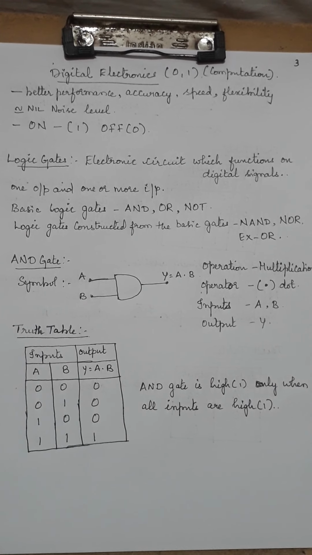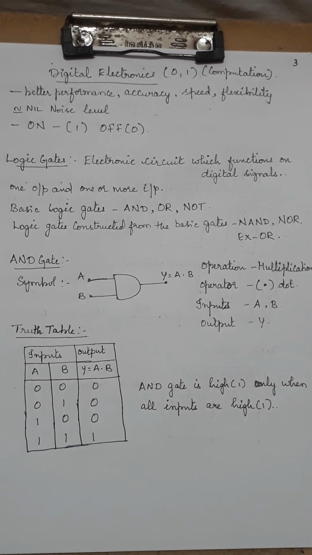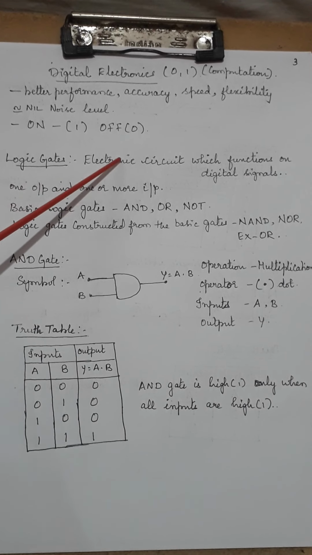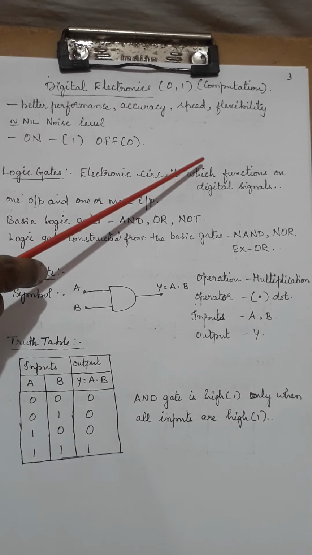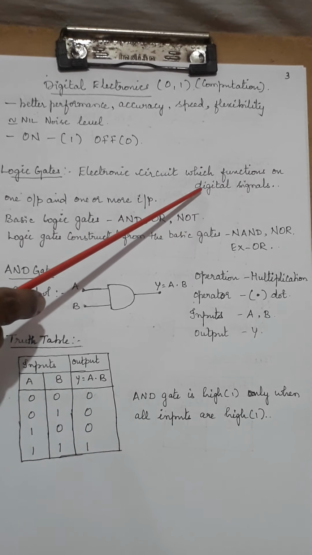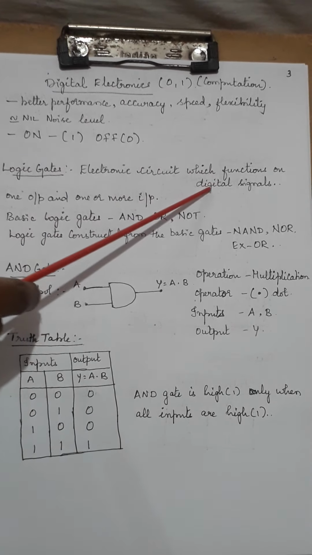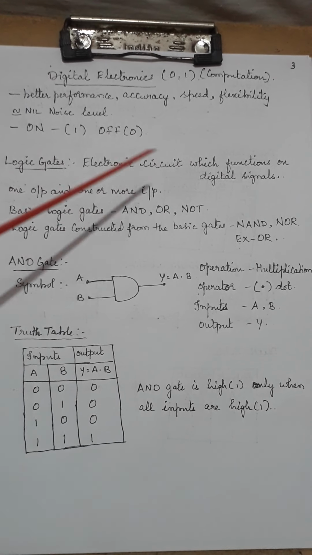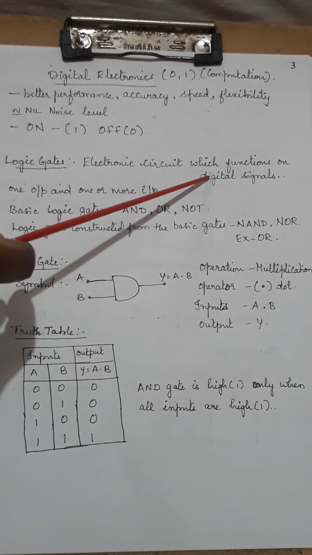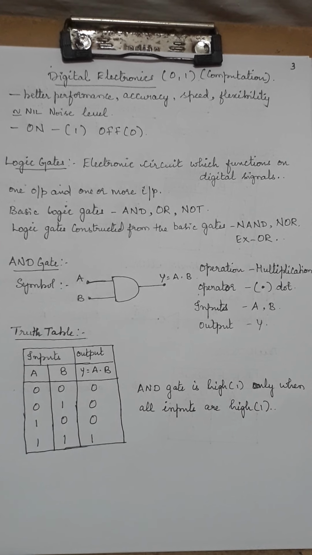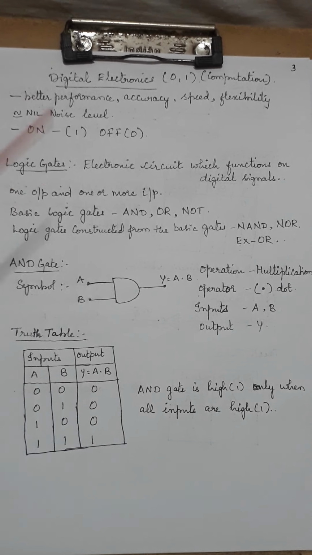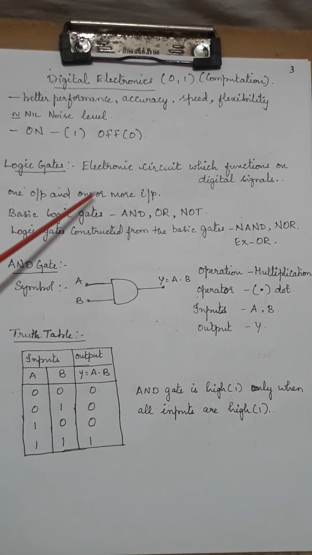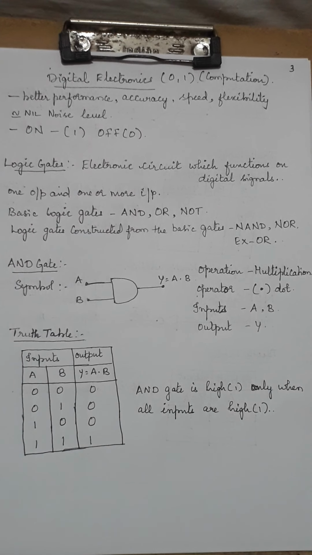So now moving on to the logic gates. Logic gates, what are these logic gates? Logic gates are nothing but, again, electronic circuits which will function on the basis of digital signals, which will produce digital signals, or where digital signals are given as input and output. So here generally any logic gate will have only one output, but it can have one or more inputs.